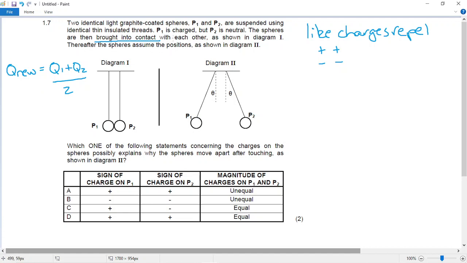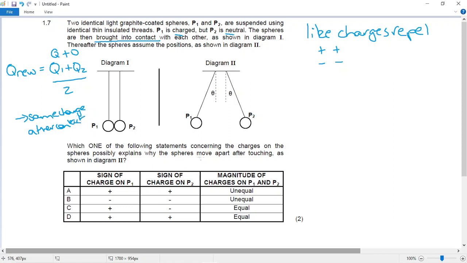So even if one is charged and the other is neutral, by the end of this, they will both have the same charge, and it will be half of whatever the initial charge is in this case, because one of these numbers will be Q and the other number will be 0. So a number plus 0 divided by 2 is going to give you half of the charge, but they will both have the same charge after contact, which explains why they are repelling.